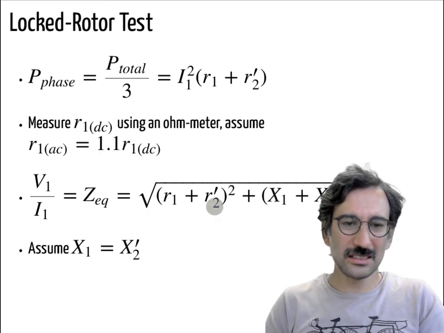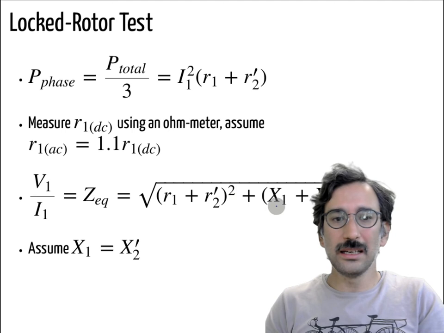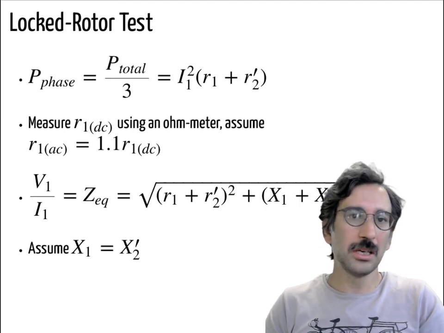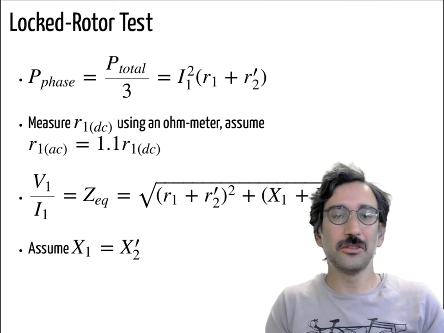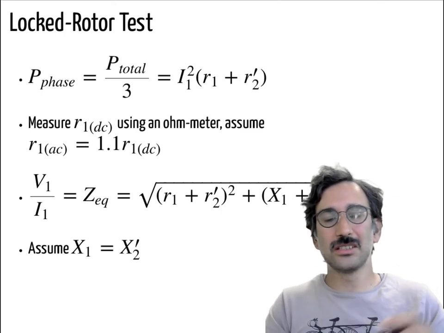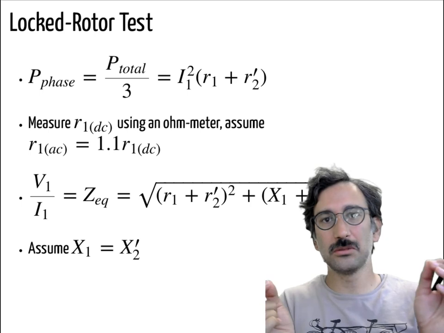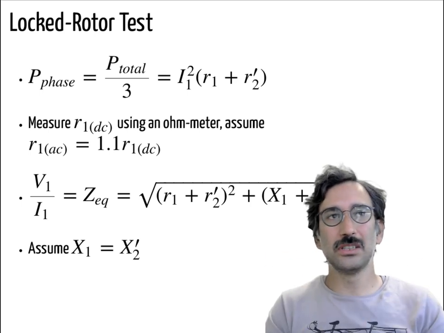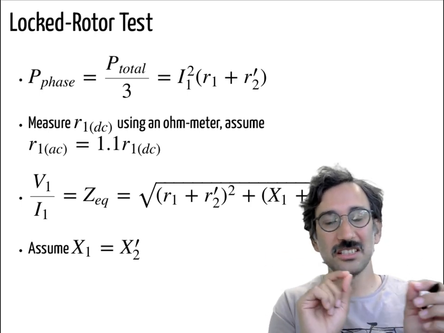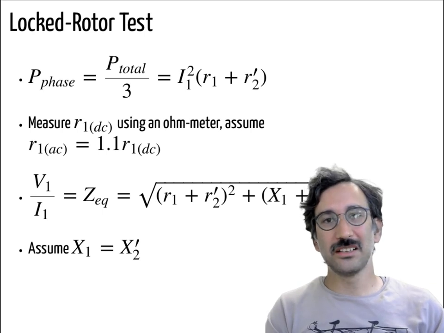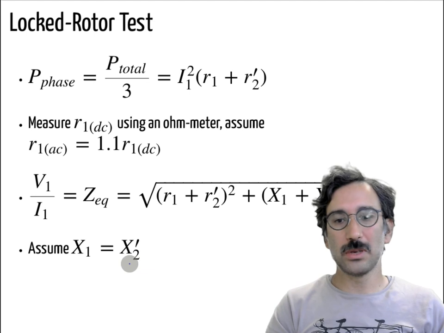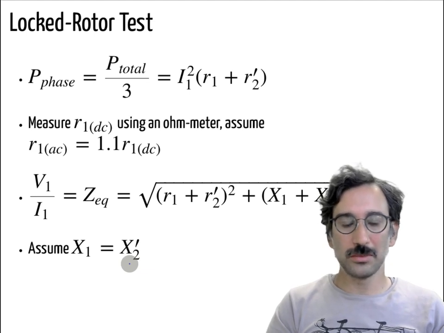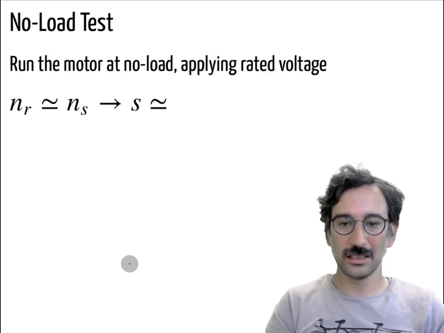Actually there are some methods to estimate X1 and X2 prime, but usually they are really close to each other, and even if they aren't, at the end of the day they are just two impedances connected to the same line. So if you are not really interested in what's happening between stator and rotor, the easiest way is to just assume X1 is equal to X2 prime, so you can do the calculations.